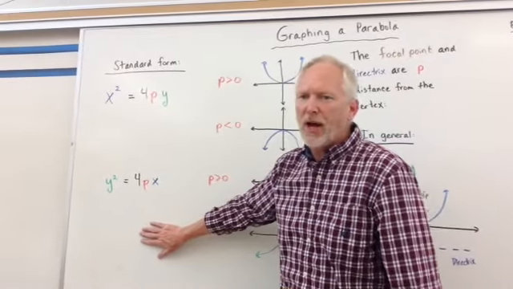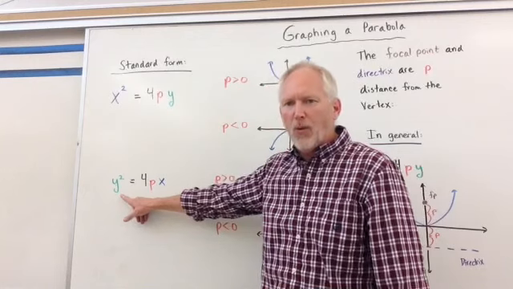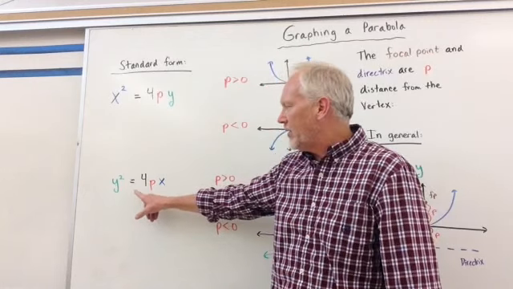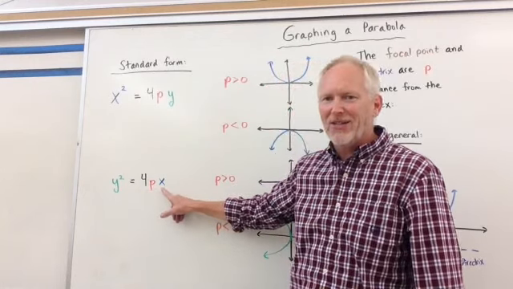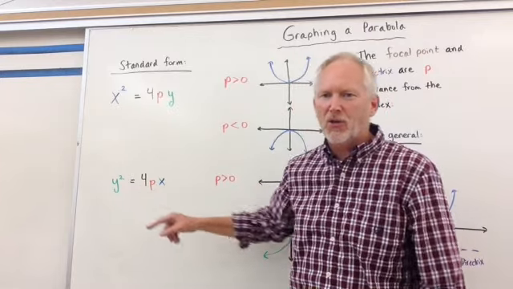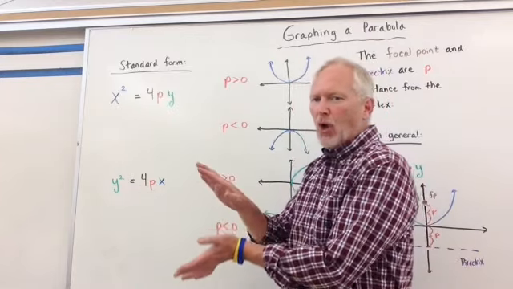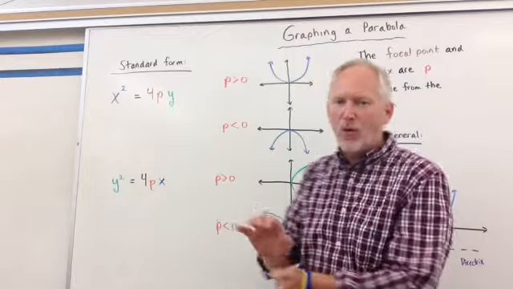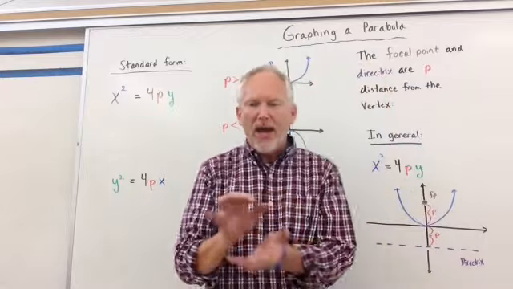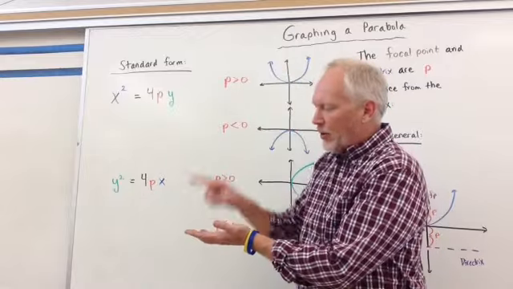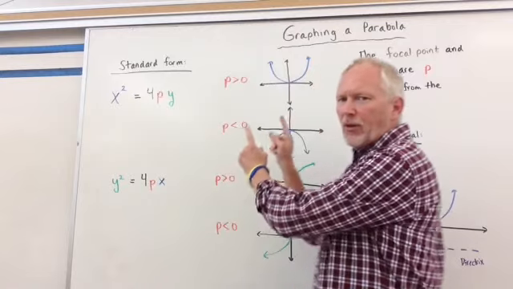Now let's take a look at what happens if we have y squared. If y is being squared, that's equal to 4px. Notice the y is being squared. So now what happens is we open up either one side or the other. And when that happens, we get two y values, just like we do with the parabola.